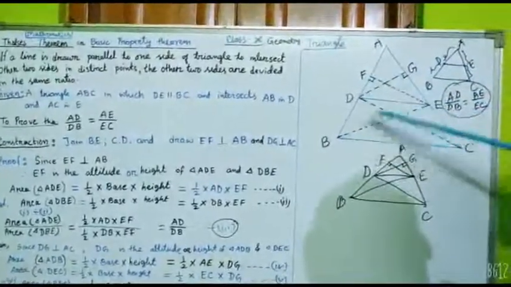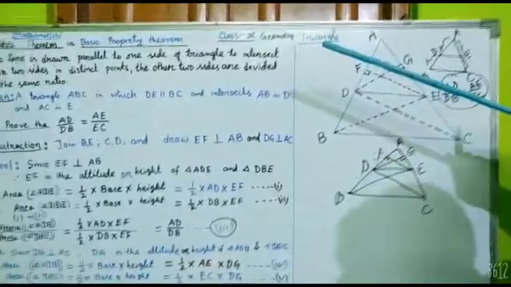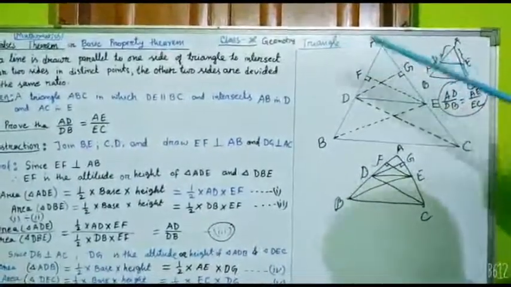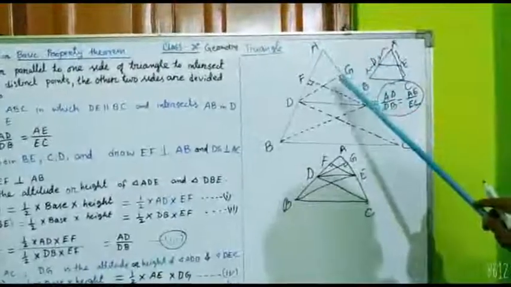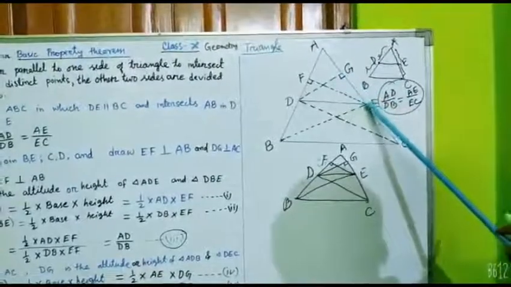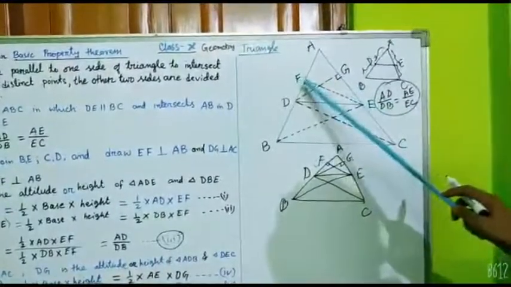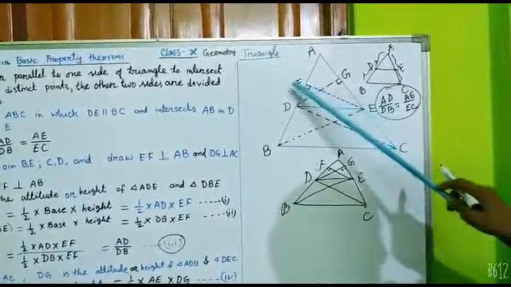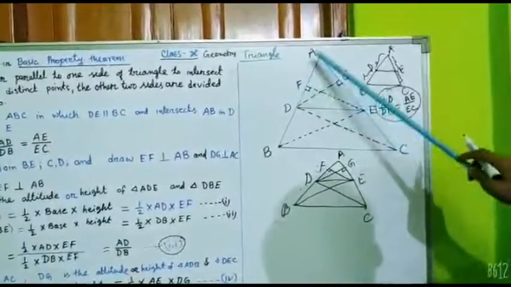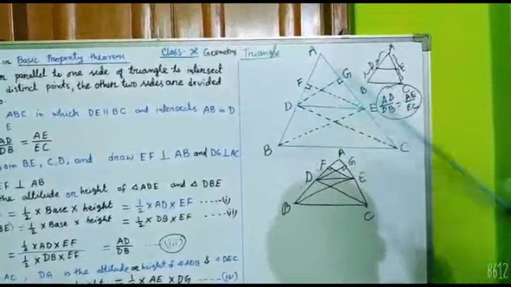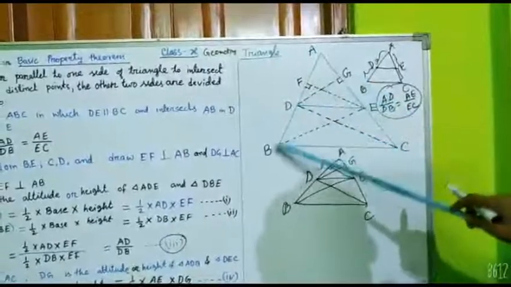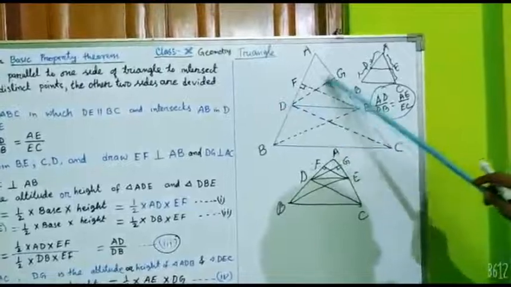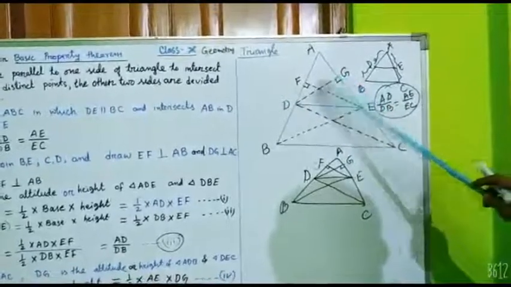So EF is the altitude of triangle ADE and triangle BDE. Similarly, DG is also a perpendicular, an altitude or height of triangle ADE and triangle CED.